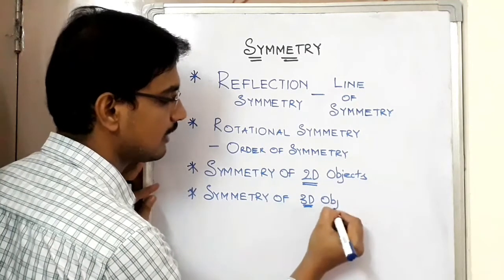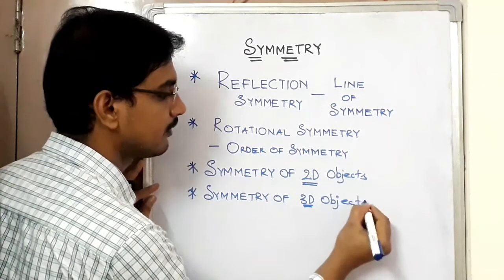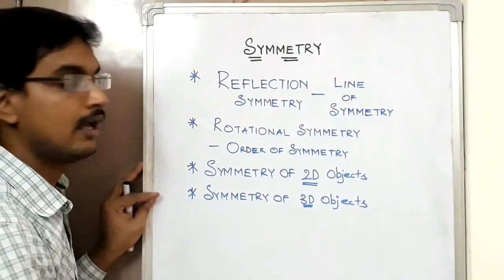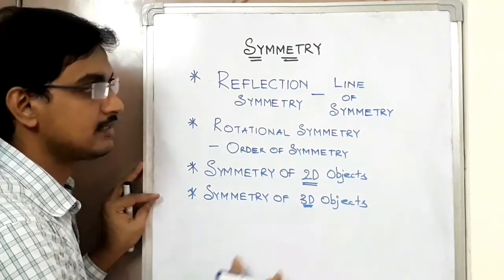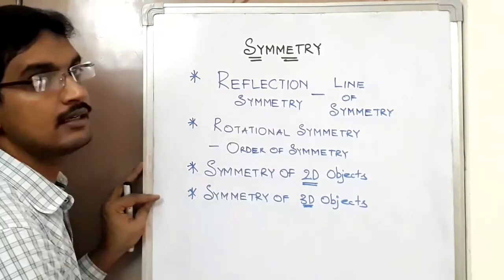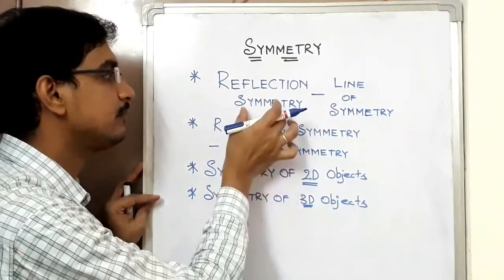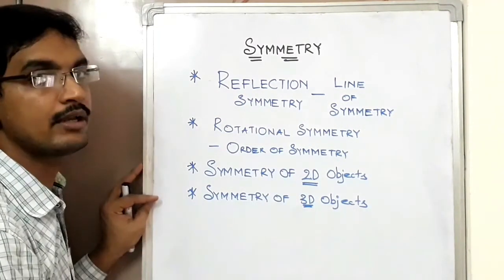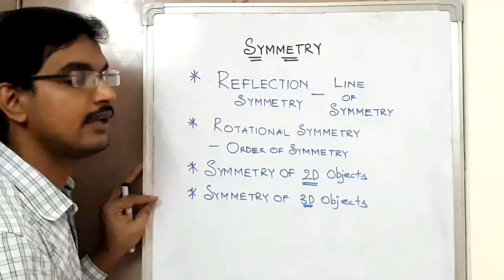So follow the classes carefully. These are the concepts which we are going to discuss in the coming classes, and today we'll start with what exactly symmetry is, what it means by reflection symmetry, and what is line of symmetry. So please follow the class carefully.